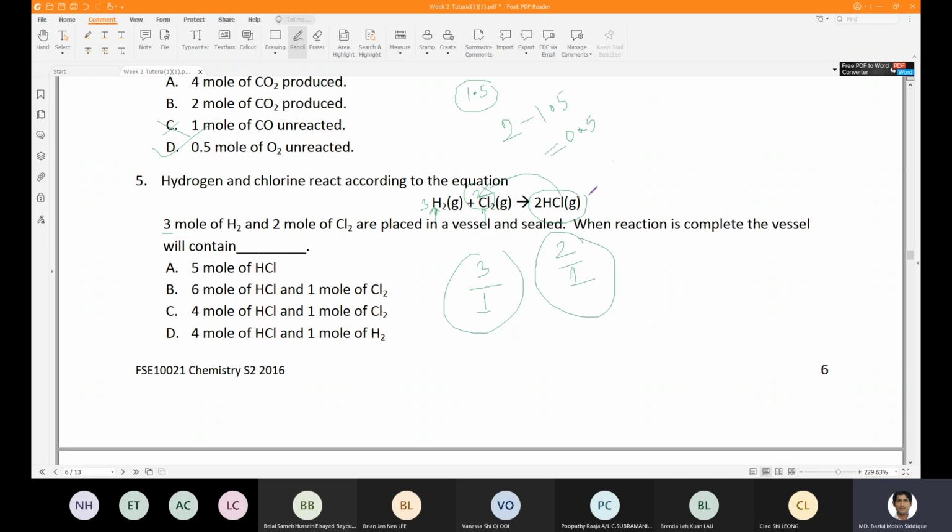Always remember, the product will always follow the limiting reactant. It does not matter how many tons of other reactant you give, if you had given 300, 3000, 3 million, it does not matter. The reaction will stop after these 2 moles of chlorine are used. The rest of the hydrogen will be there as it is. It will not be used up.